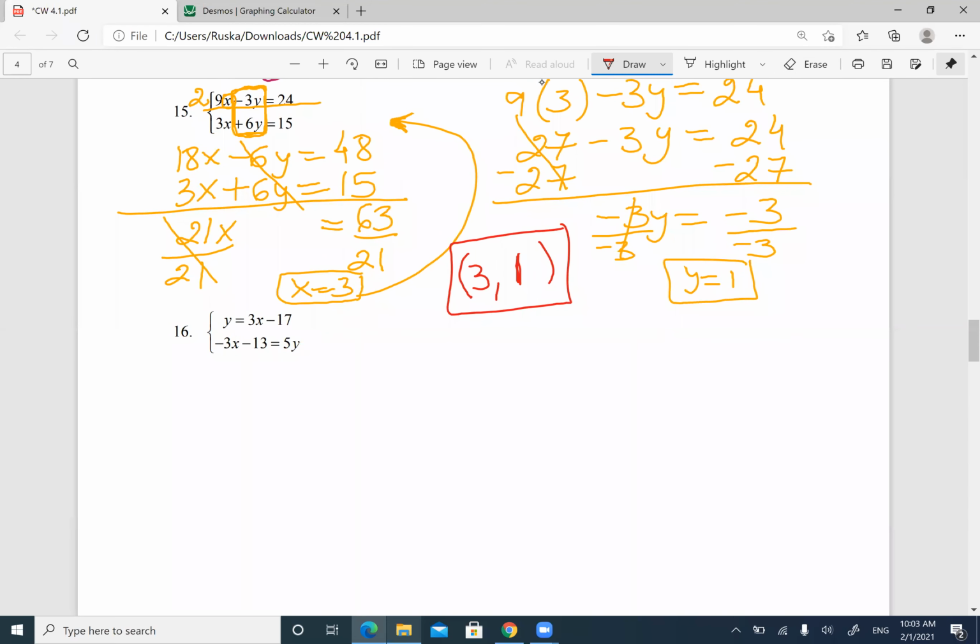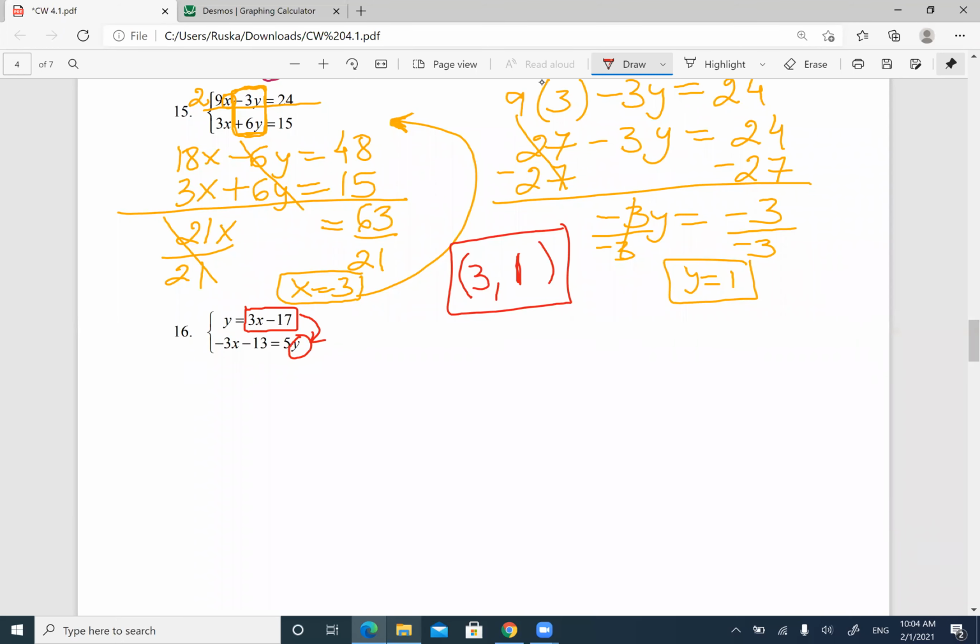Okay, so now let's go ahead and start with number 16, one more substitution. So here we have y equals something. So all of this, 3x minus 17, is going to replace the y. Okay?